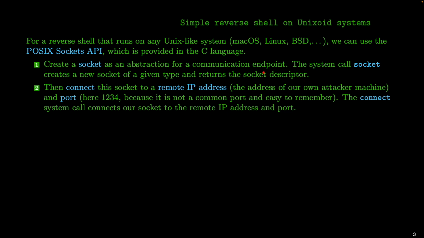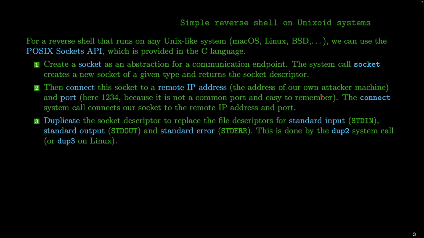And together with this and the connect system call, we can connect the newly created socket to a remote IP address on a given port. So here I will use 1234 as the port number running on just my own machine. So I will just connect back to my own machine for the sake of demonstration, but you could imagine any remote IP address in principle being used there.